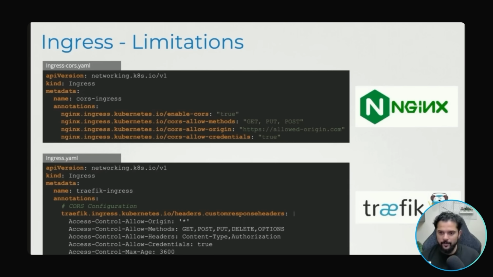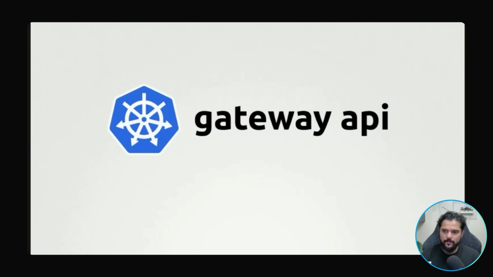And that is mainly because there was no native support for these configurations in the Ingress API. So these were some of the challenges with Ingress, and that's what the Gateway API resolves.